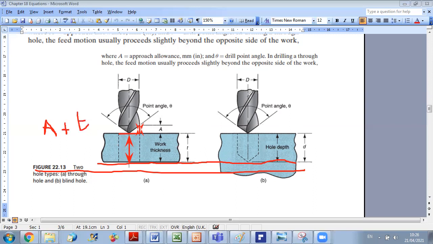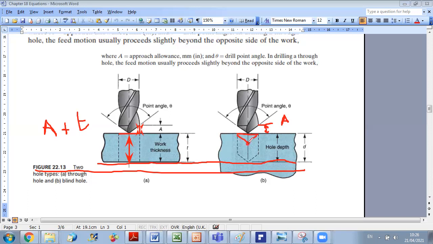On the other hand, in this case, where we want to have a blind hole, first we should advance a distance A. Once we have advanced the distance A, then this will be the position of our drill. The edge point will be like this, in this position.